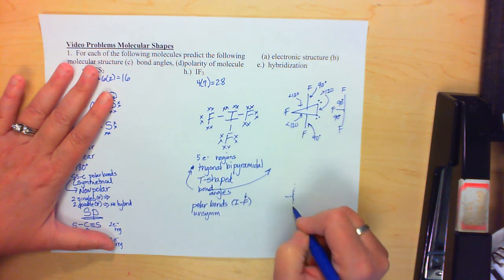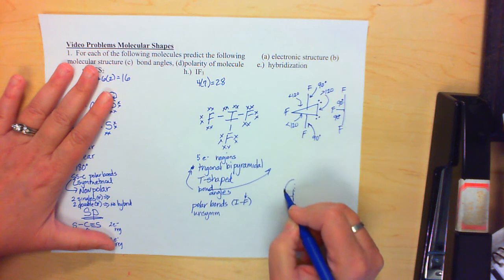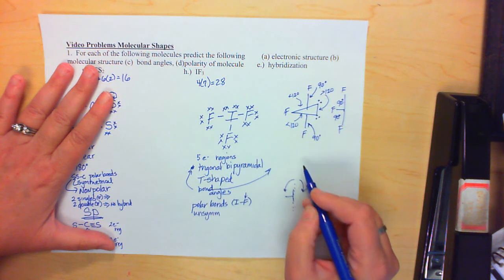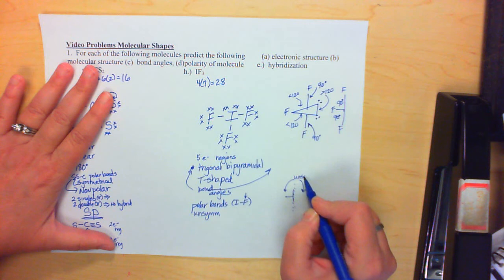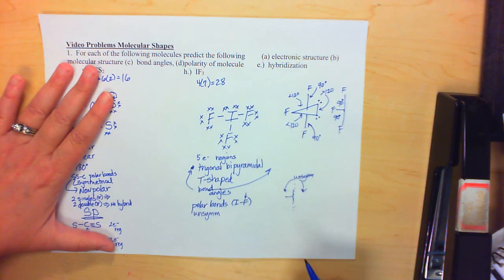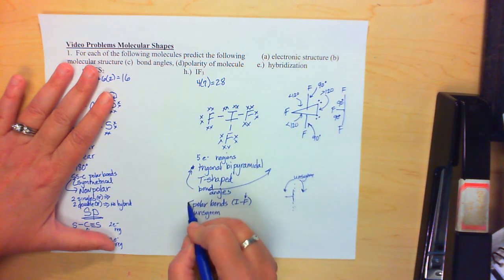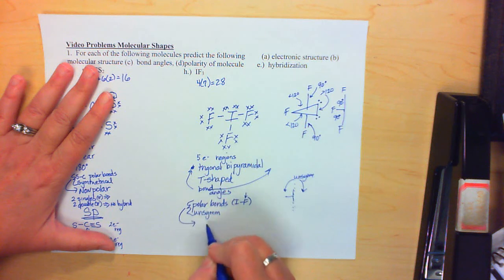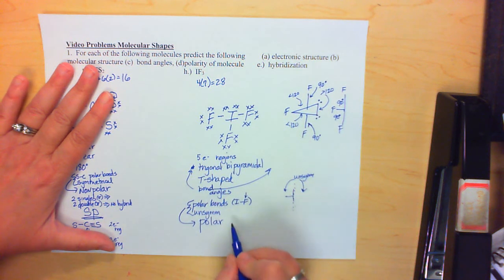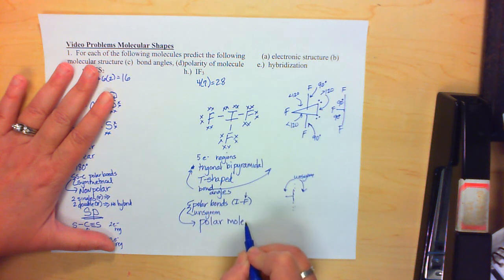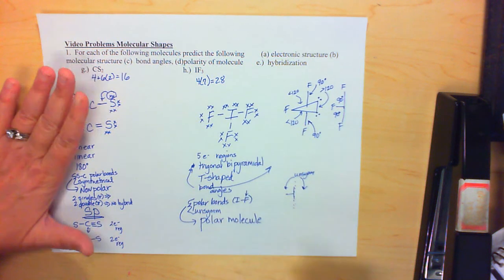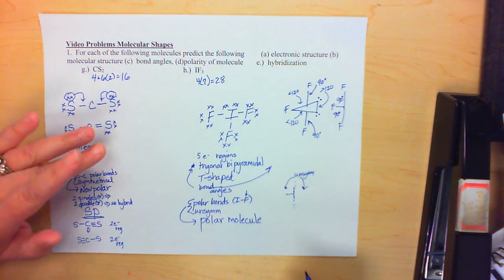If I draw a plane of symmetry here, this side does not look like this side, so it's unsymmetrical. That being the case, this combines to give me a polar molecule. Making sure I'm still on the paper and you can see it. Okay, polar molecule. So then that brings us to hybridization.